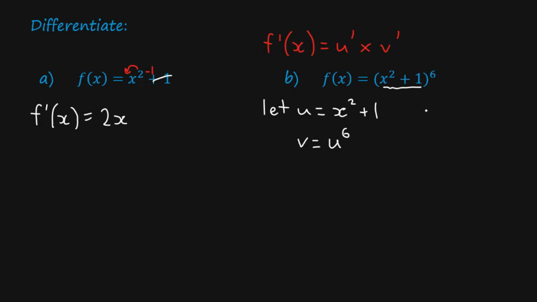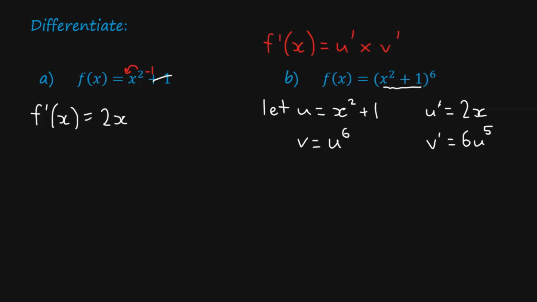Now what I do is differentiate each of them. I differentiate this first one, and it's going to be 2x, which we found in the first question. Then I differentiate the second one as well, with respect to u, so it's going to be 6u to the power of 5.